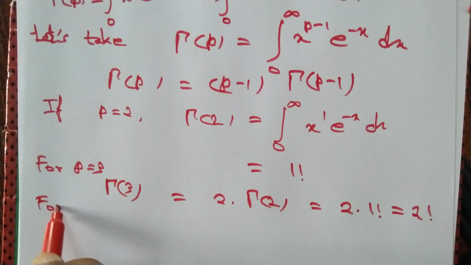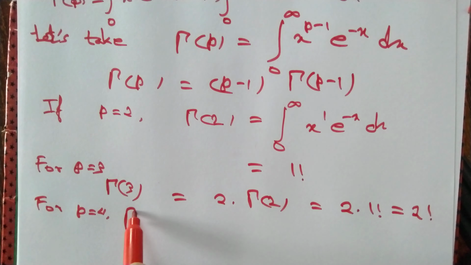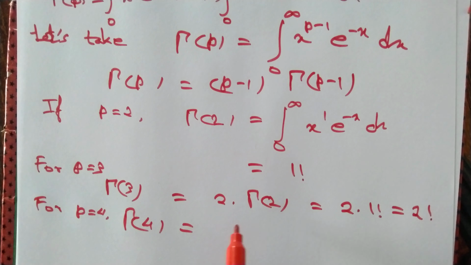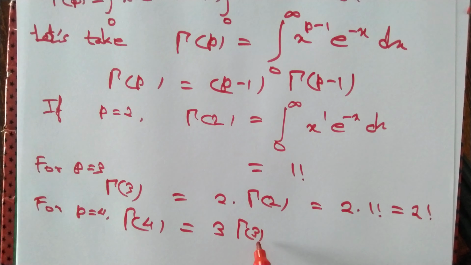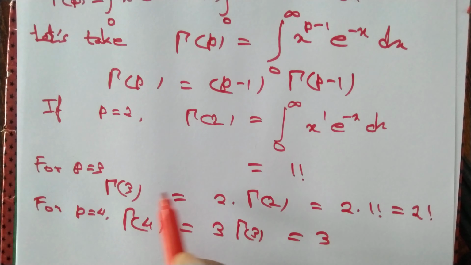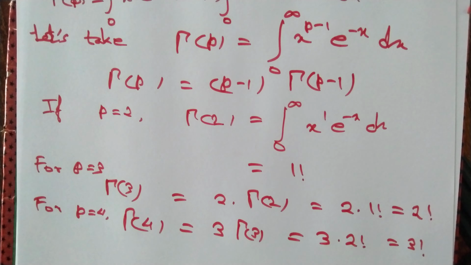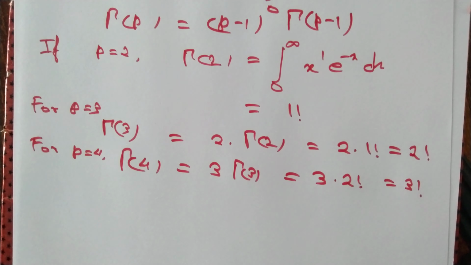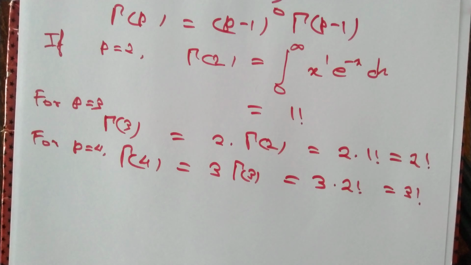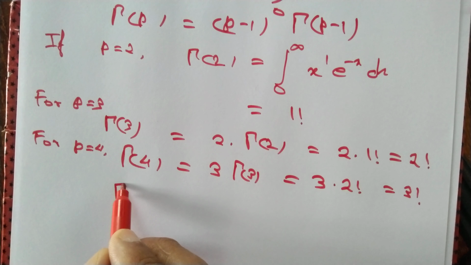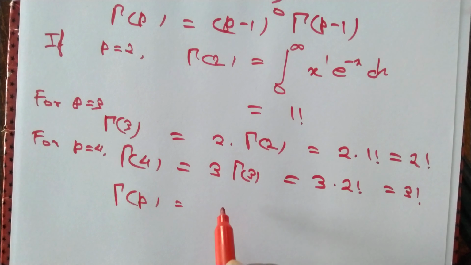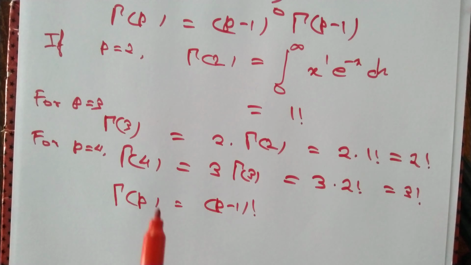Again, for p equal to 4, gamma 4 turns out to be 3 times gamma 3, and gamma 3 is factorial 2, so 3 times factorial 2, that's factorial 3. Wow, the gamma function is just a generalization of factorials. So we find that gamma p equals factorial p minus 1.